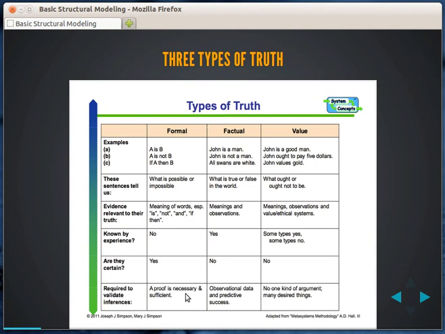This is where the mathematics comes in. For factual truth it's observation data and predictive success. So we reduce the amount of effort it takes to validate factual truth by including the formal truth mechanisms.